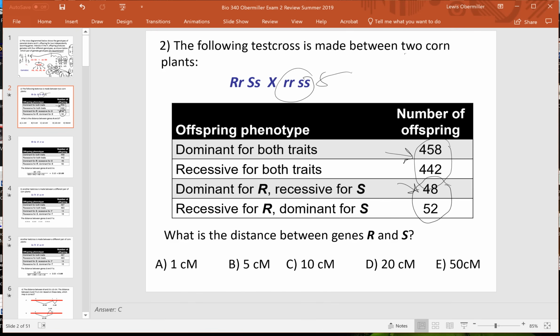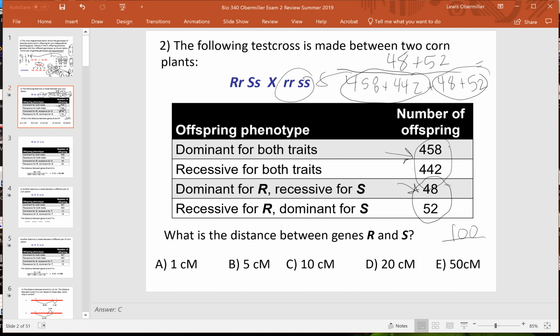So in order to calculate this, all we have to do is add up the recombinants and divide that by the total number. And that gives us 100, and this is 100.